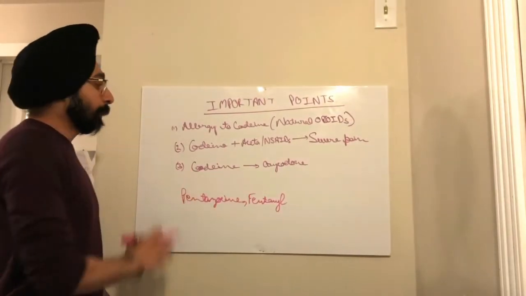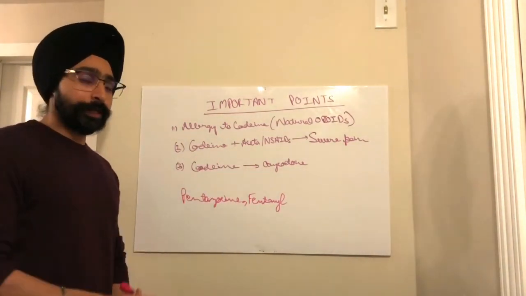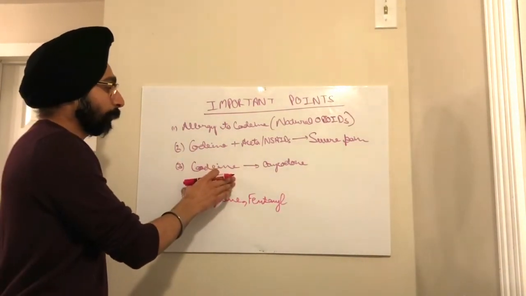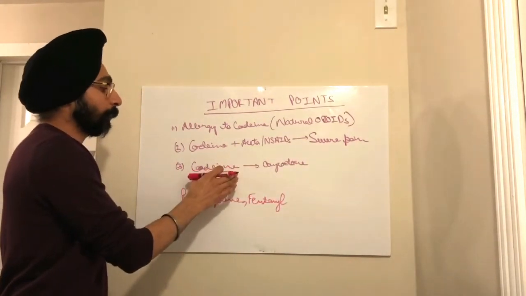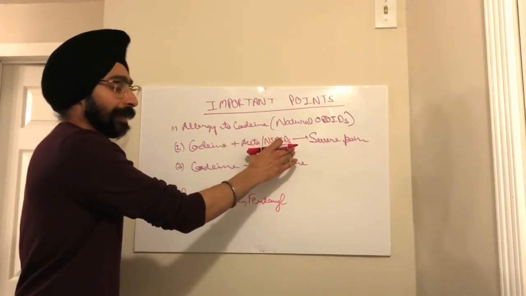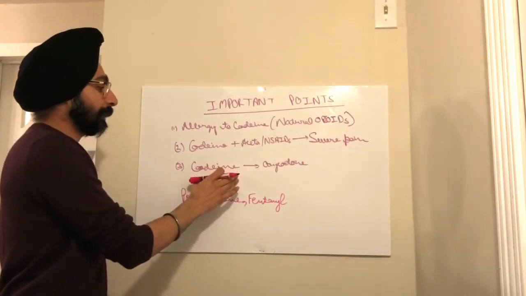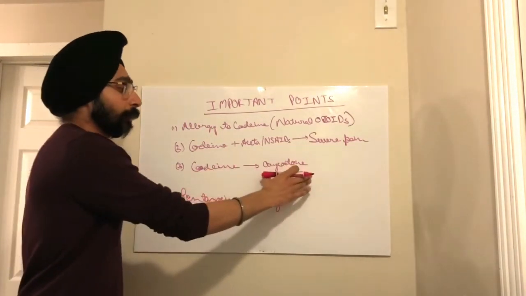Third point is, codeine takes the priority in case of opioids. After codeine, you can go with oxycodone, but always codeine is to be used first in combination with acetaminophen or NSAIDs. If the patient for any reason cannot take codeine, only then we can go for oxycodone.